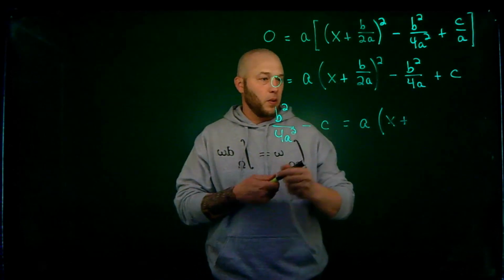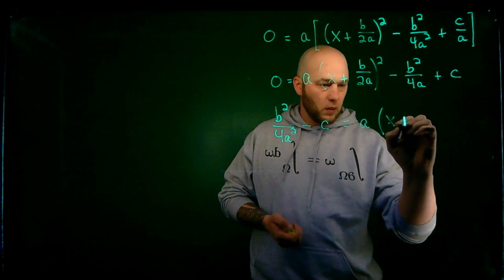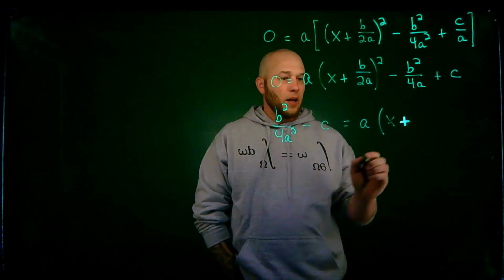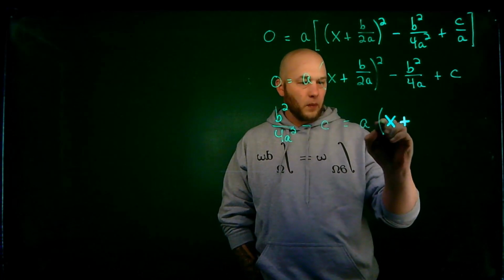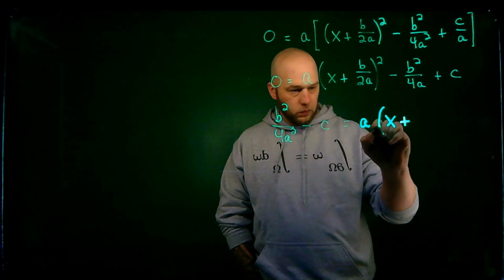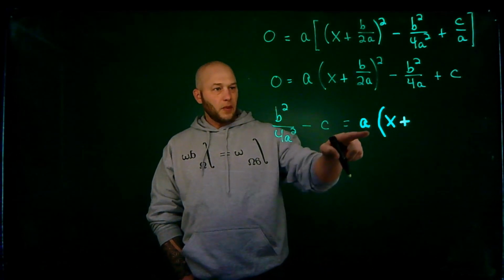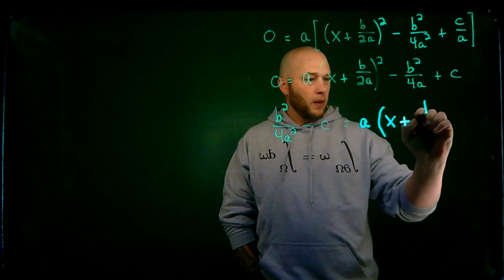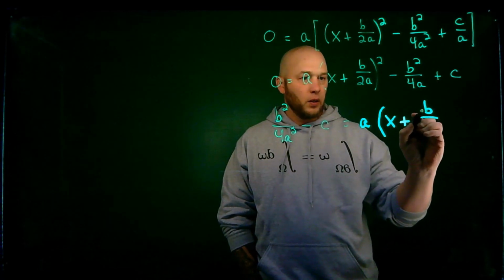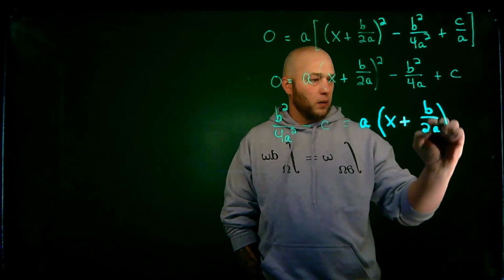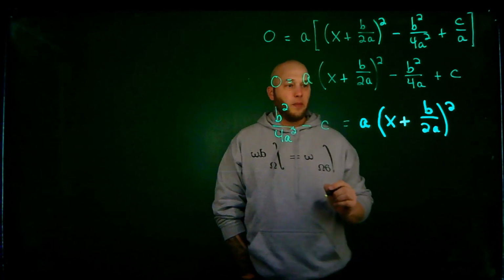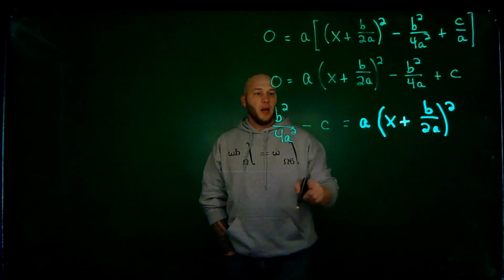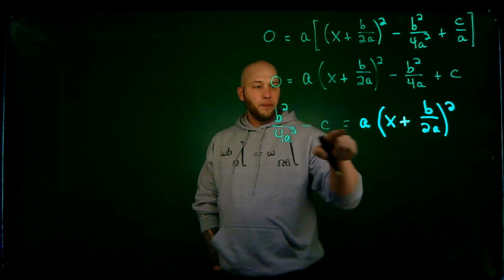I just want to keep it the same color. Oh, that's much more vibrant. A times (x plus b over 2a) squared, right? Copied that right. Okay. And then I'm going to go ahead and divide by a.